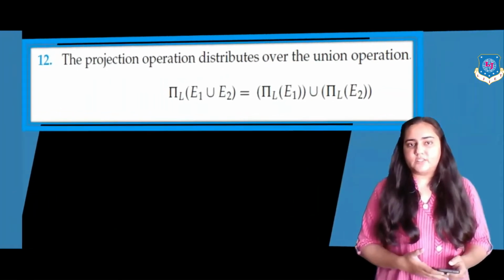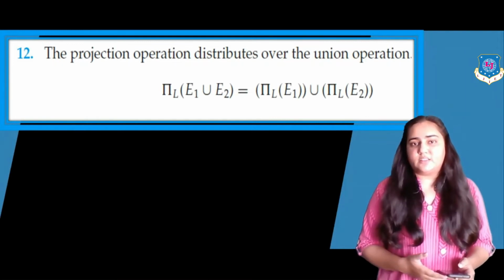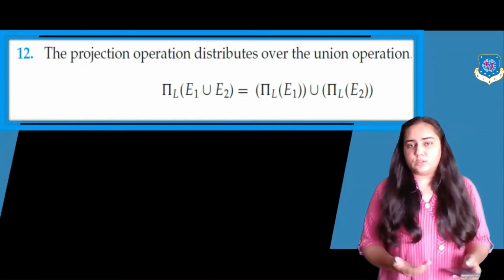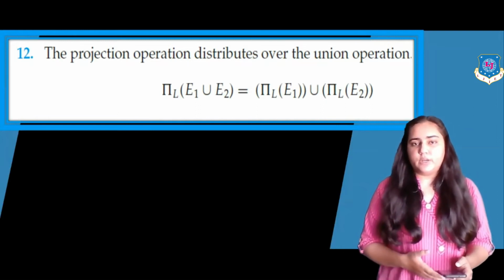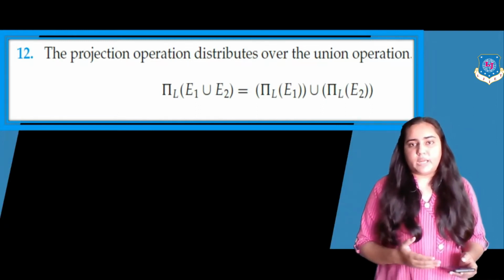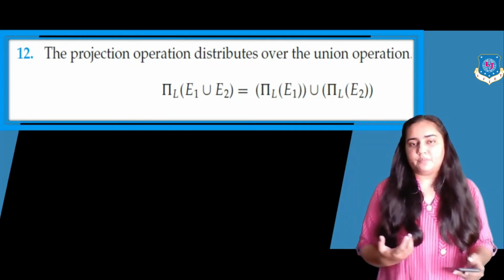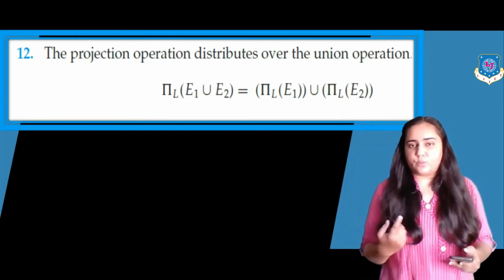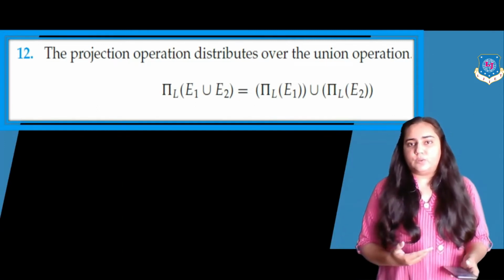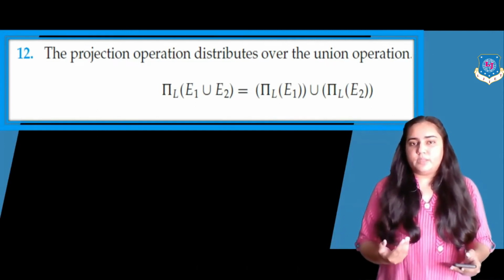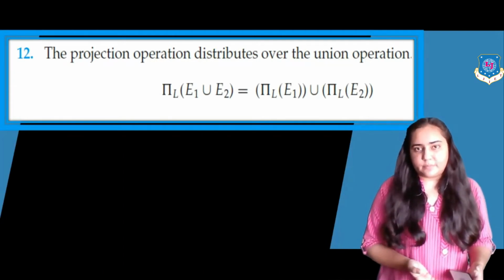Now let's see the next one. Next one is number 12. This says that the projection operation can also distribute over the union operation. So you can see here there is pi L, where L is a list of attributes, not one attribute, but a list of columns. I've done E1 union E2, and from there, I'm getting some list of columns afterwards, which I want to display.